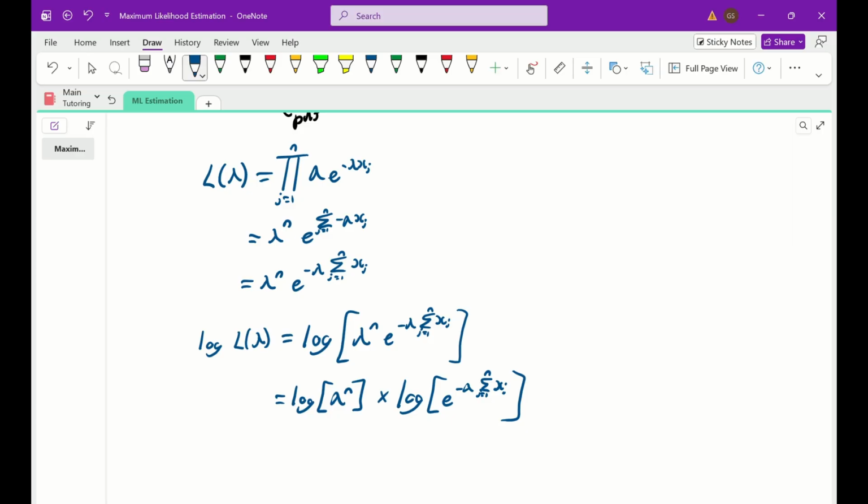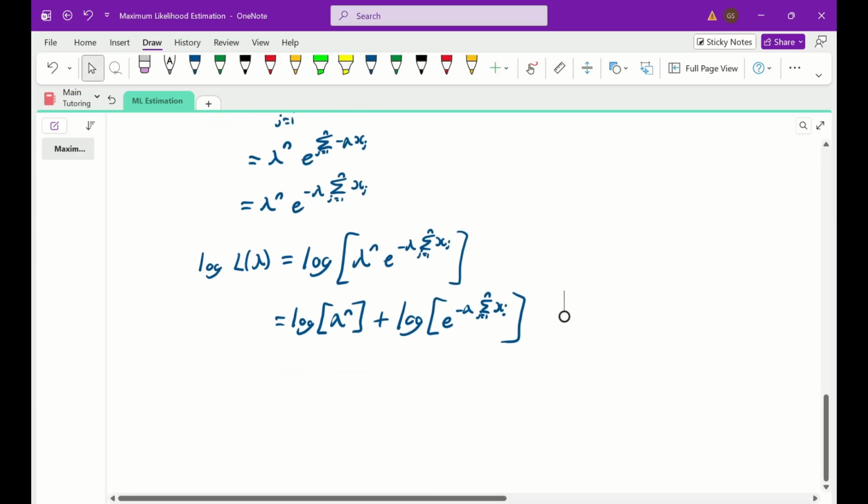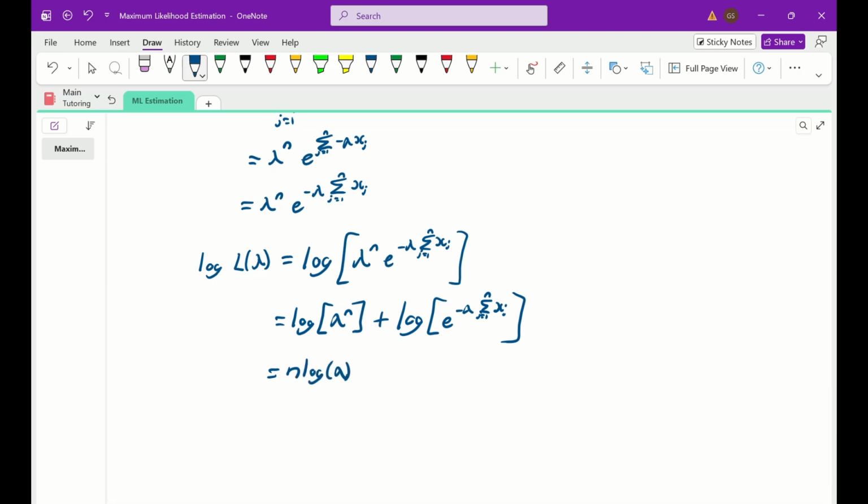And my apologies, that is a plus. So with your log laws, if you have log of this plus log of that, that becomes a multiplication inside the log, right? So we've got this as the expression here, and we can simplify a bit further. We've got n log lambda, and the log and exponential cancel, so minus lambda sum j equals 1 to n of xj, right? Okay, good.